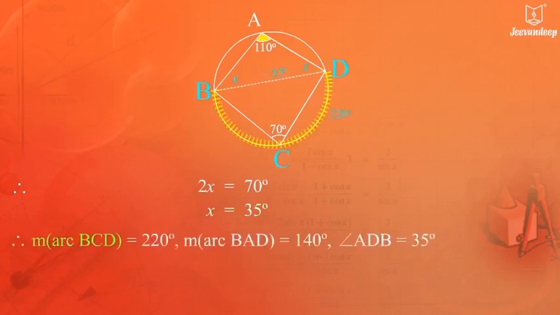Therefore, measure of arc BCD equals 220 degrees, measure of arc BAD equals 140 degrees, and angle ADB equals 35 degrees.